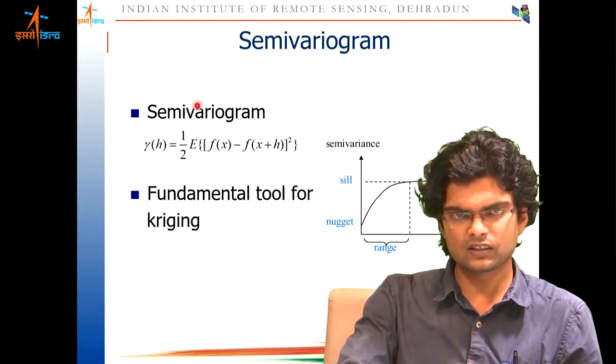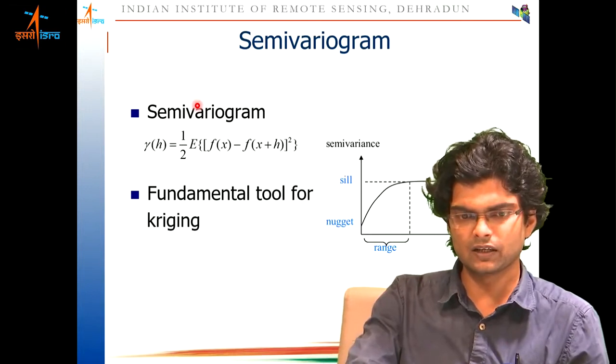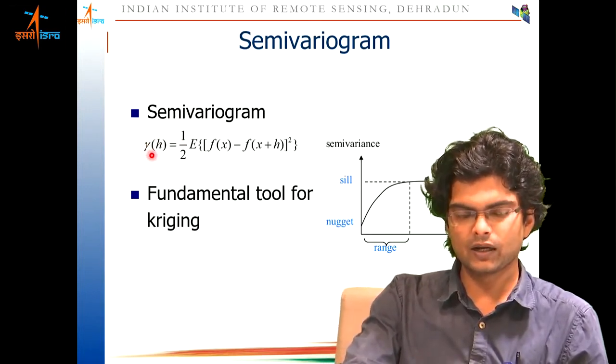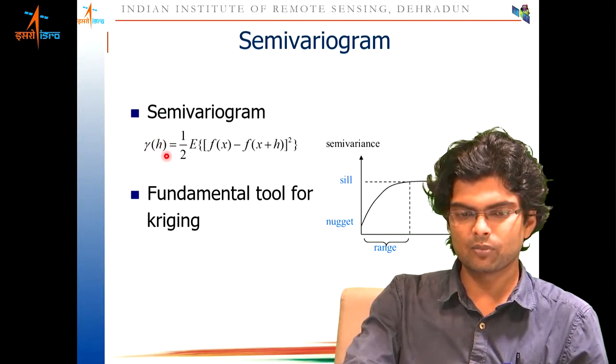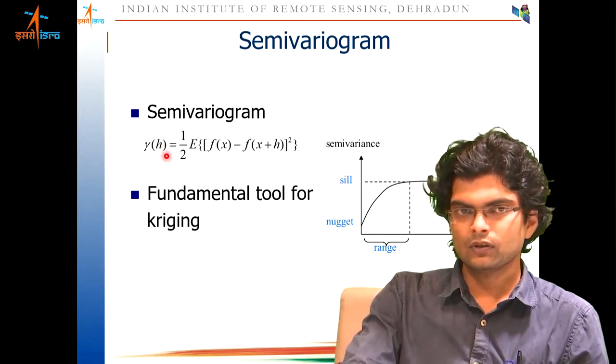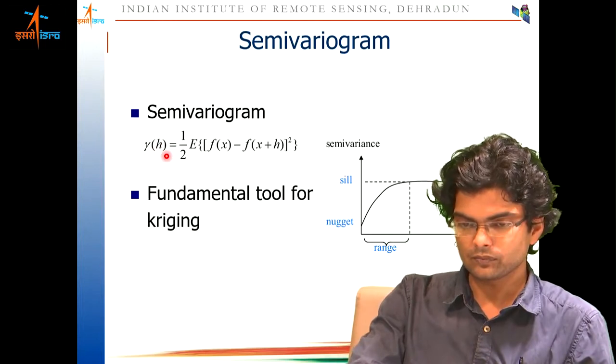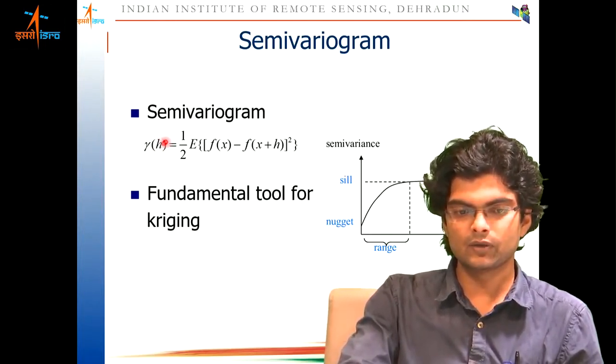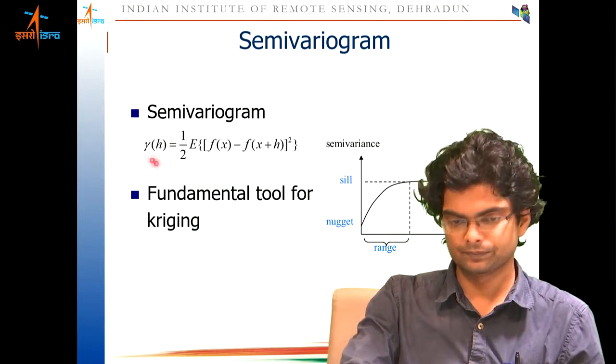From that assumption this semi-variogram concept is derived, and here the semi-variogram is represented as gamma h. H is the separation between two sample locations, basically the separation between i and j.